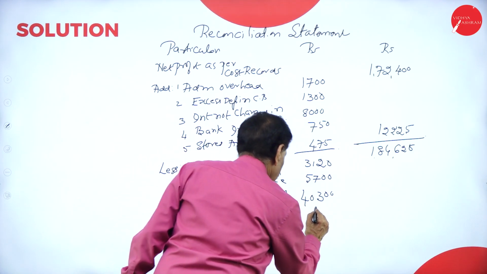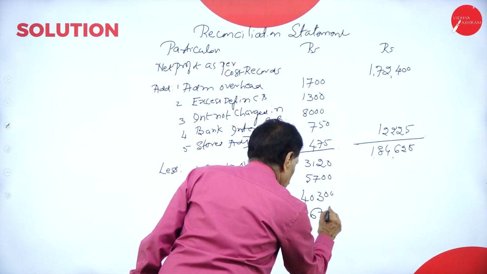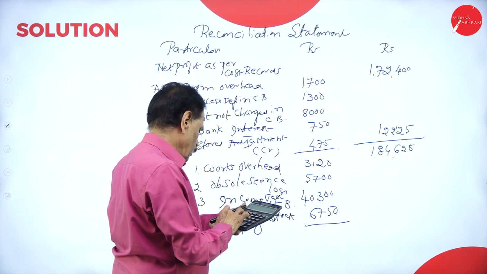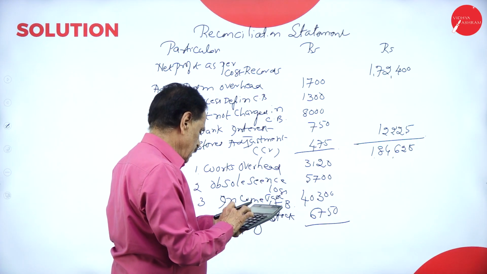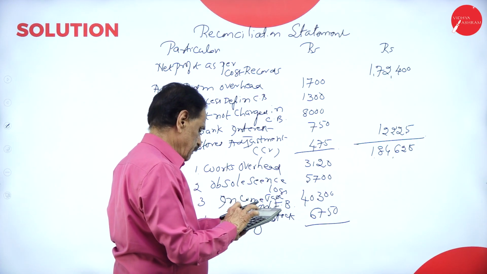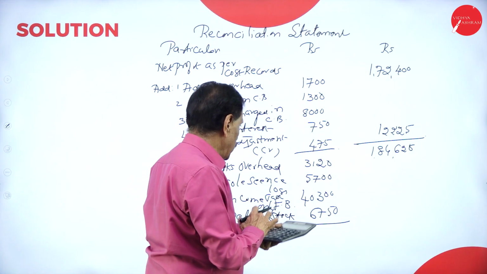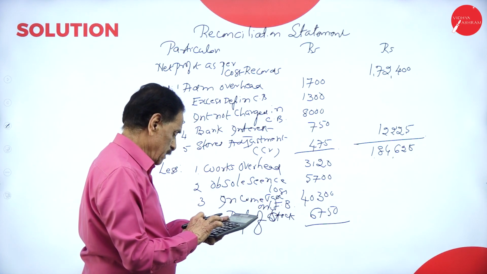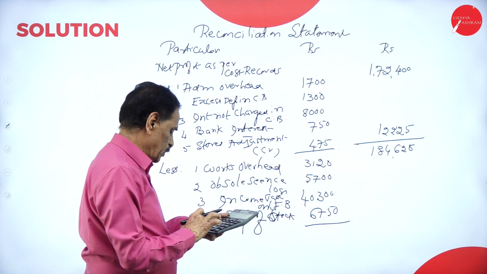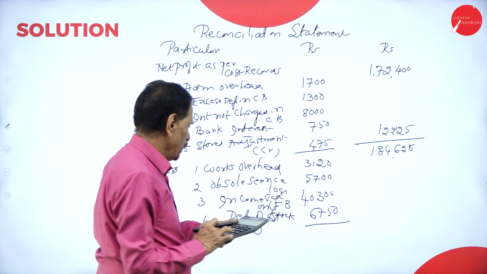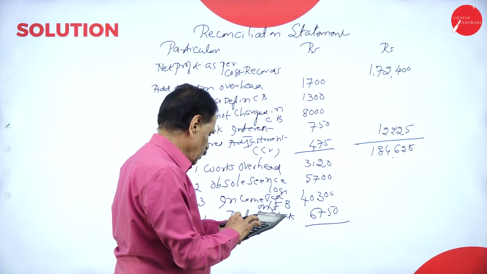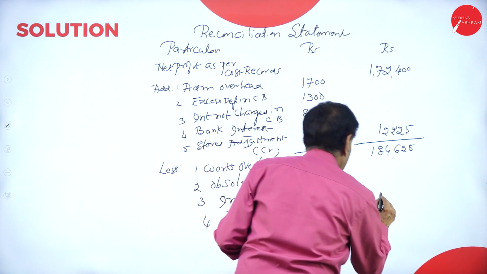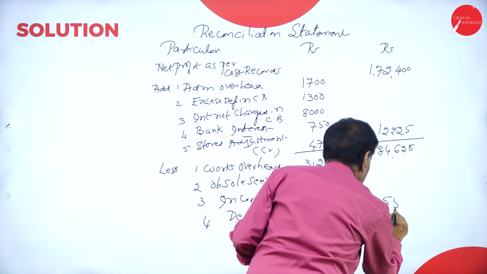$6,750. Add 3,120 plus 5,007. 3,120 plus 5,700 plus 40,300 plus 6,750 equals 55,870.